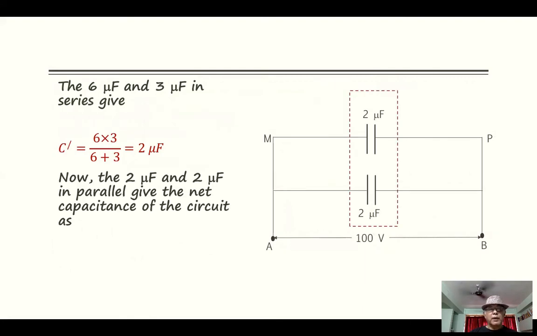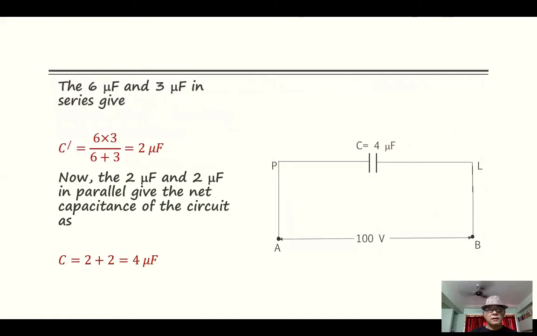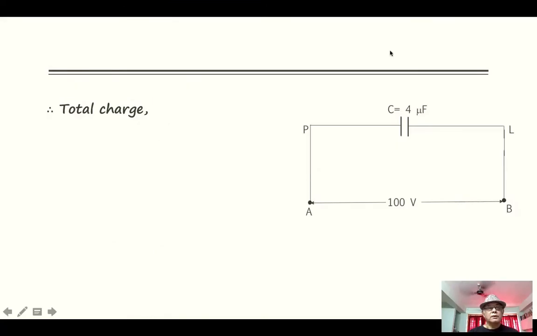Now, the 2 microfarad and 2 microfarad in parallel give the net capacitance of the circuit as 2 plus 2 equal to 4 microfarad. Therefore, total charge Q equal to CV equal to 4 into 10 to the power minus 6 into 100 equal to 4 into 10 to the power minus 4 coulomb.